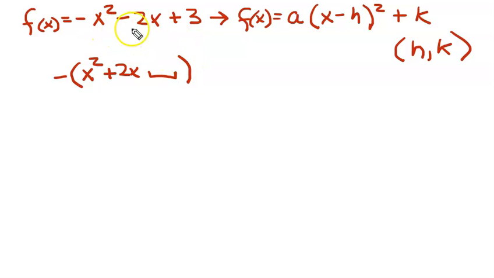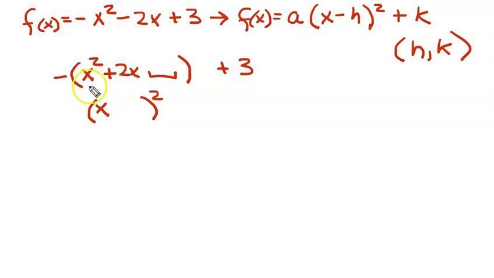But we want to make this a perfect square. It's not a perfect square in this form. And we're going to take this 3 and just put it out over here, temporarily here. Okay. Now, to make this into a perfect square, we have to remember the protocol of squaring a binomial from an earlier lesson, where this is going to be x.